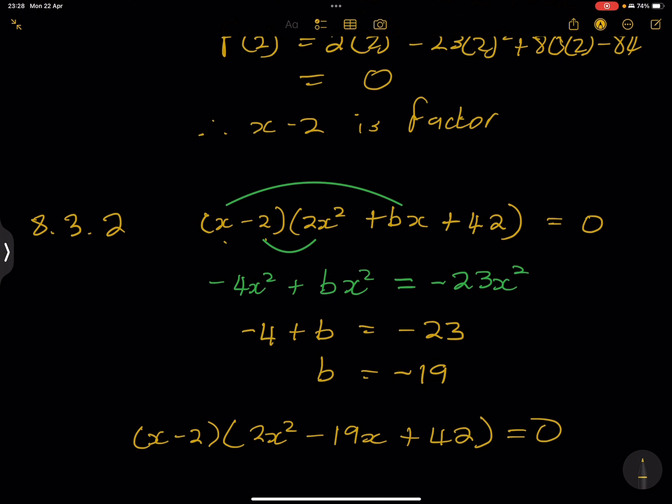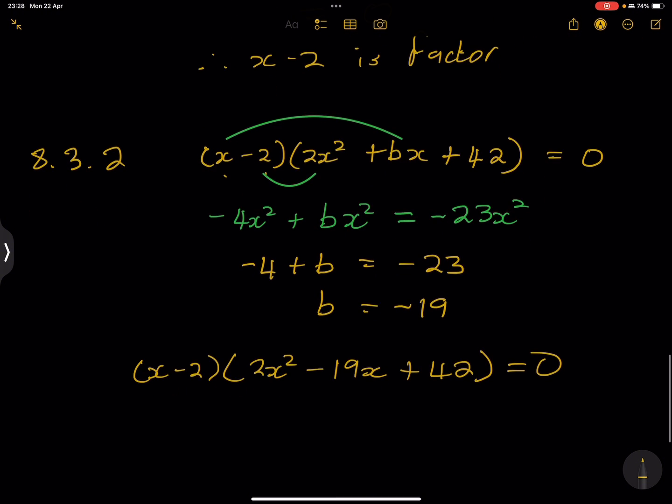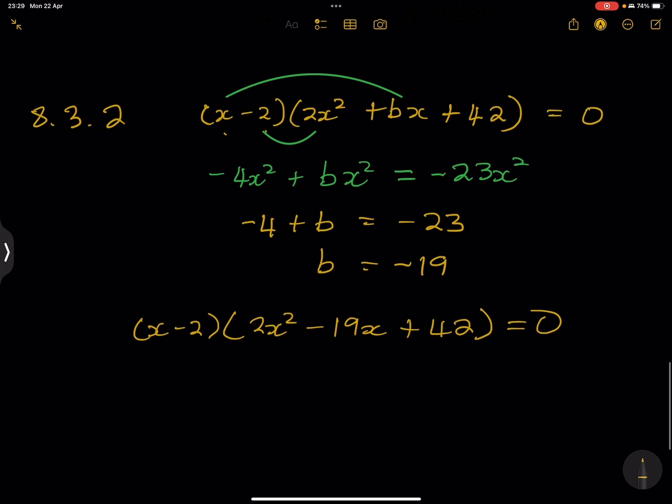And remember they said we must factorize fully in this case. So are we able to factorize that? So factors of 2, that's 2 over 1, factors of 42, such that when I add them, give me 19.